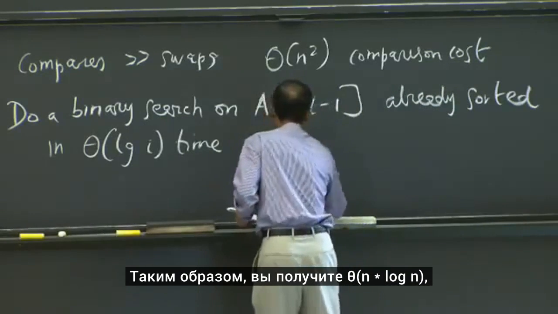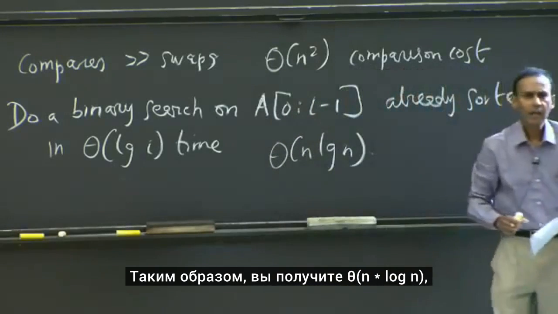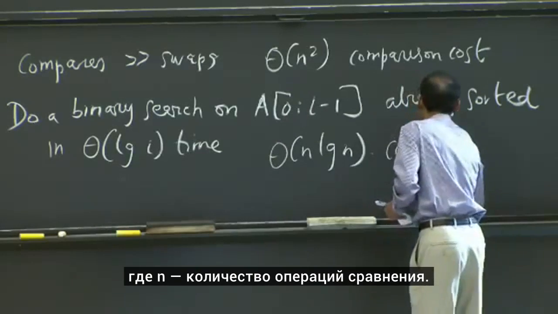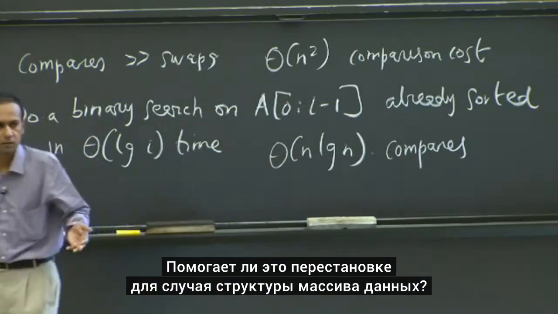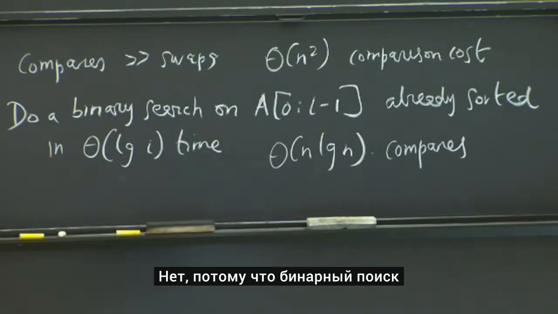But okay, now why can't I say theta n log n overall, not just in terms of compares? Does this help the swaps for an array data structure? No, because binary search will require insertion into a of 0 through I minus 1, right?